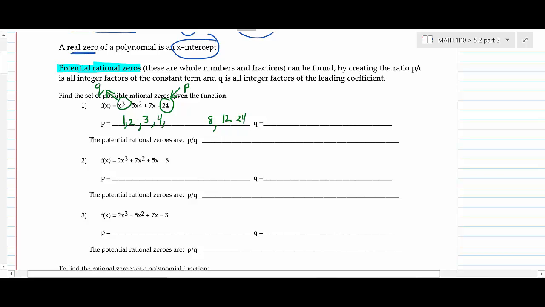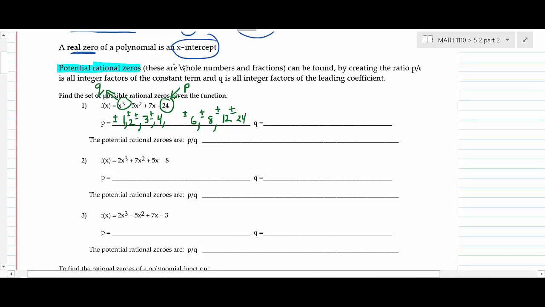And then 4 times 6, and that's it. The only number to try between 4 and 6 is 5, and 5 doesn't go into 24. But the other thing you have to do is put a plus or minus by every one of these, because you can also have negative factors. So that would be all of the possible values of P.